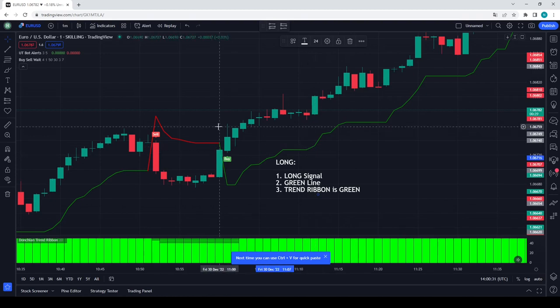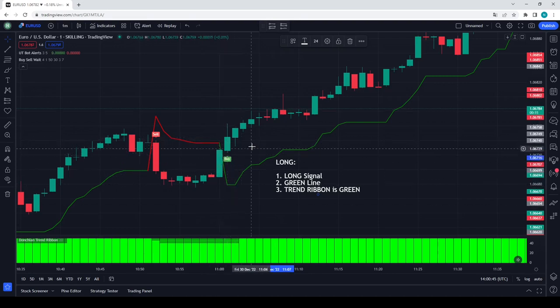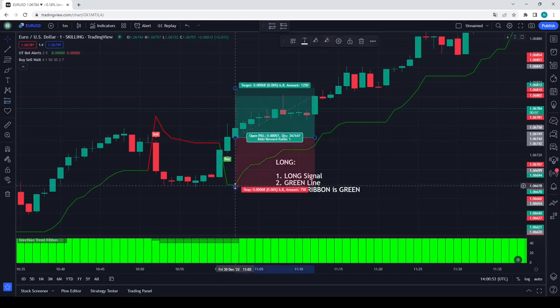And when we take now our look over here, we can see the line changes its color from red to green. So this is the first condition. We get a long signal, and at the long signal we are green over here in the line, and the trend ribbon is green as well. So this is now our long signal.